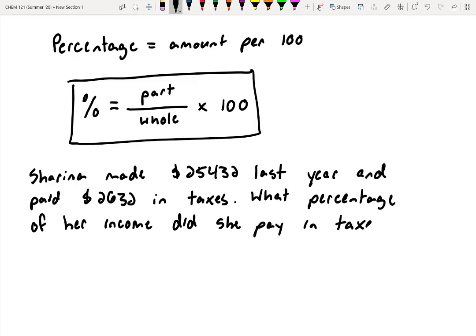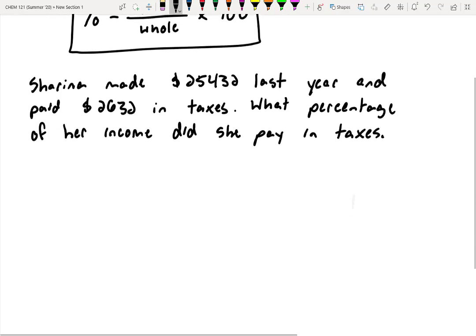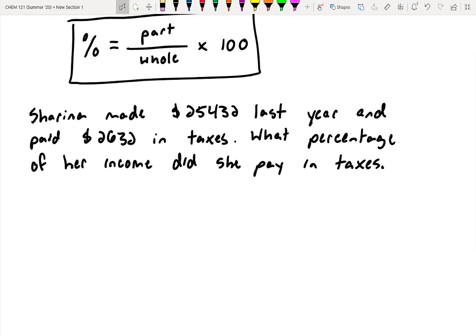All right, so let's break this down and we'll just do the math with it. The first thing we need to do is take the part. In this case, the part she paid in taxes would be $2,632. And we'll divide that by the whole that she made over the whole year, which was $25,432.